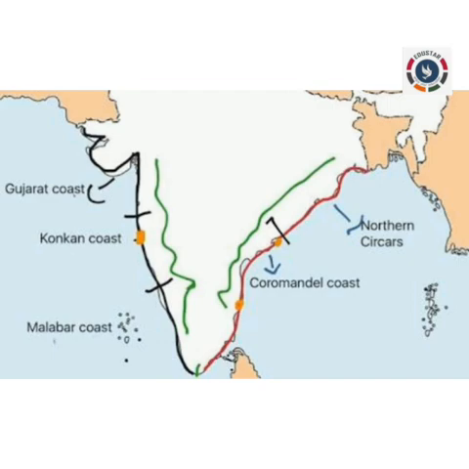This eastern coastal plain consists of the Northern Circars and the Coromandel coast. It is divided into two parts, that is the Northern Circars and the Coromandel coast. The northern part of the eastern coastal plain is called the Northern Circars and the southern part, which is down from the Northern Circars, is called the Coromandel coast.